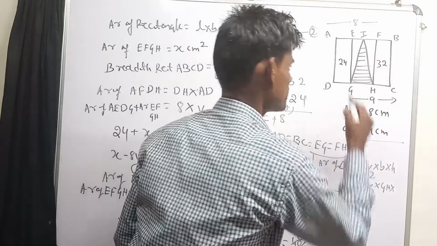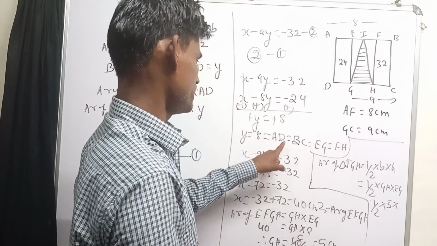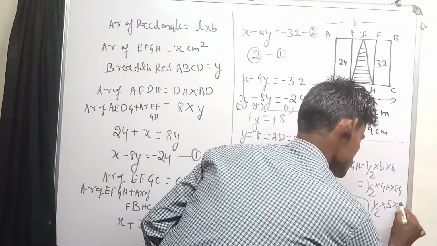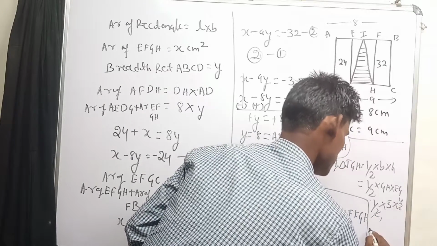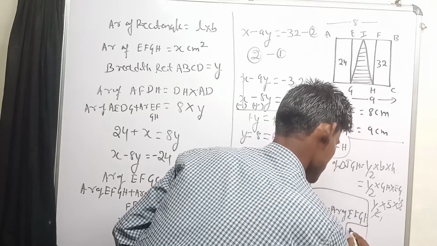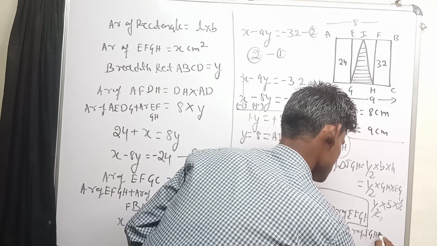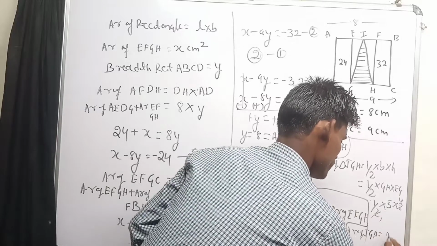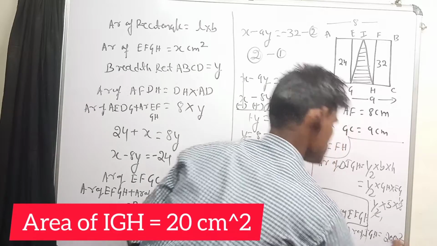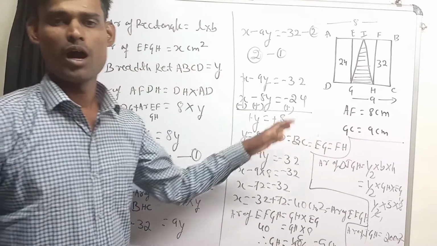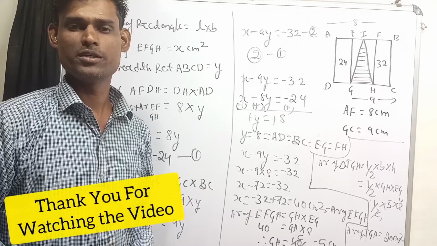I'm going to consider it as EG. So half into value of GH, which is 5, into value of EG, which is 8. So area of the shaded region, area of IGH, is equal to 20 cm square. I hope you got the solution.